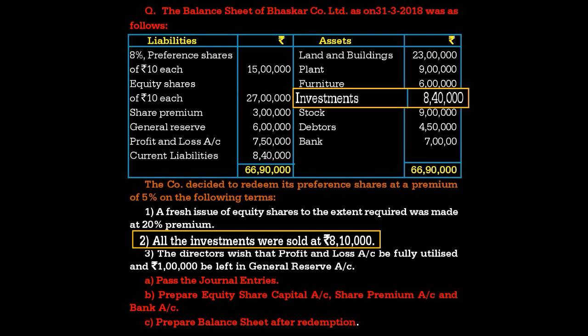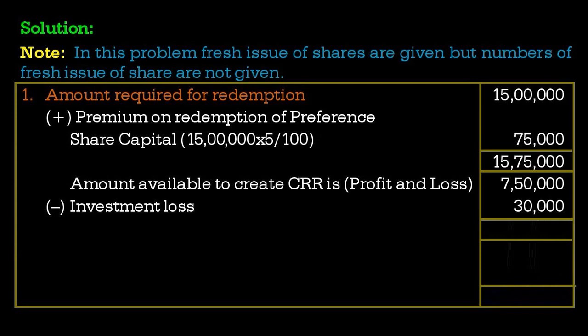So 8,40,000 is the actual value of investment, but it is sold for 8,10,000. So there is a loss of 30,000. That investment loss has to be deducted. 30,000 investment loss is deducted from the 7,50,000 profit and loss account balance. So the amount available to create CRR is 7,20,000.